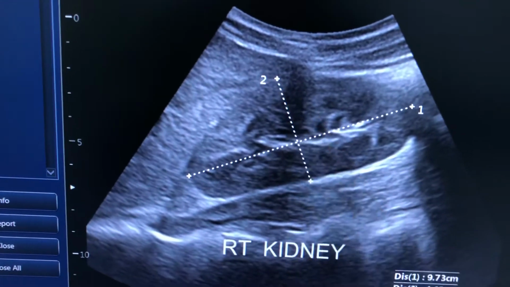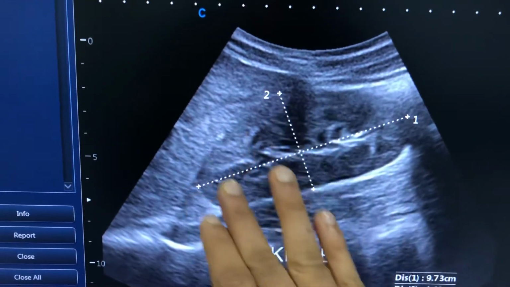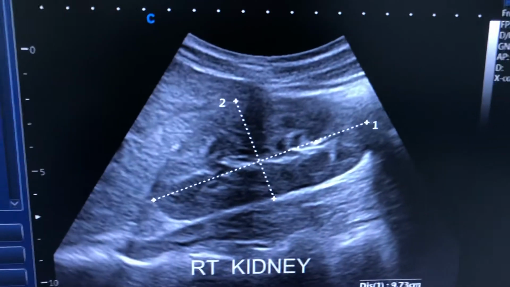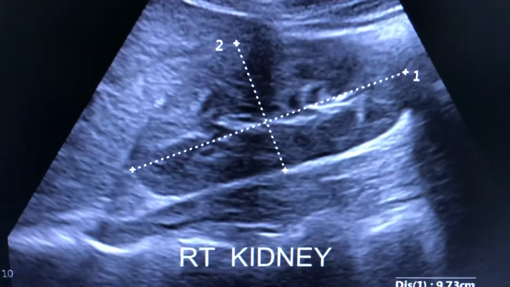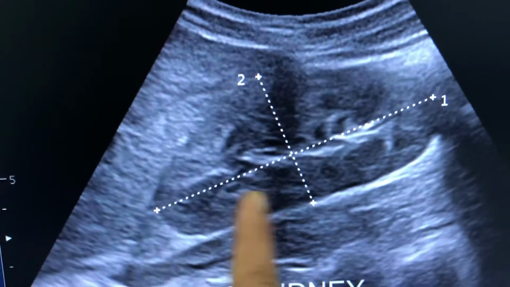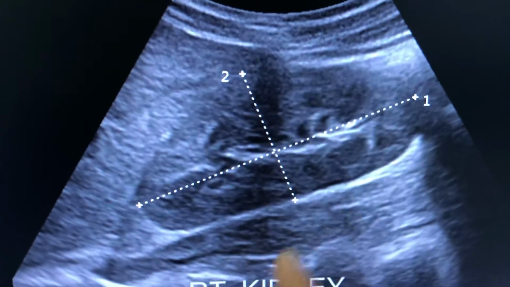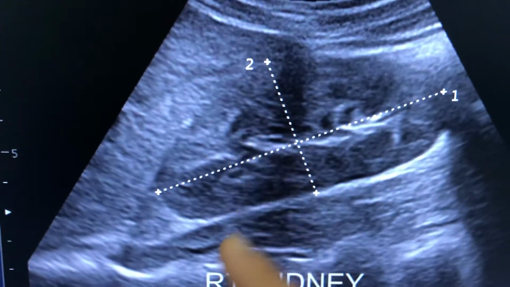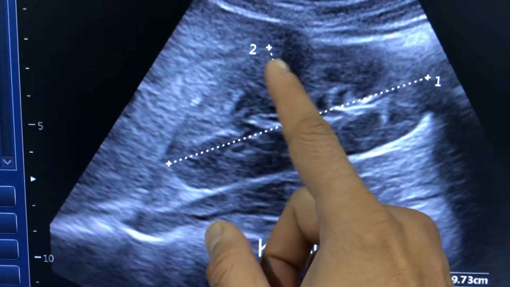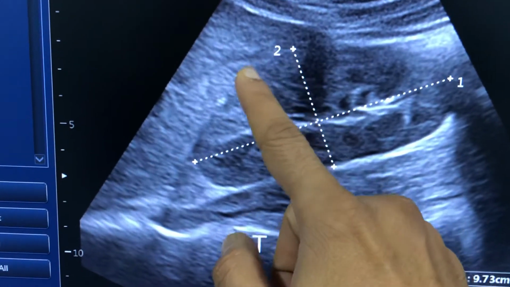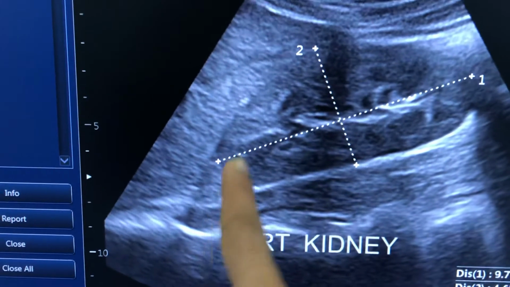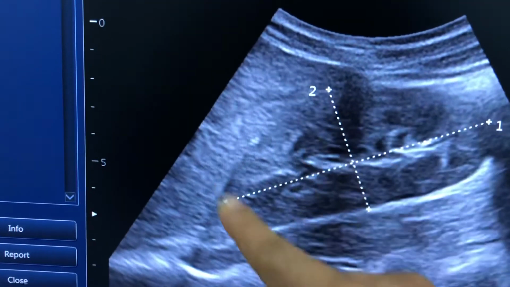Look at the shape of this kidney. It is more round in shape, rather than normally tapering at the pole. The kidneys normally taper at the pole, but here, due to diffuse edema of the kidney, this tapering, the V shape, has become U shape.